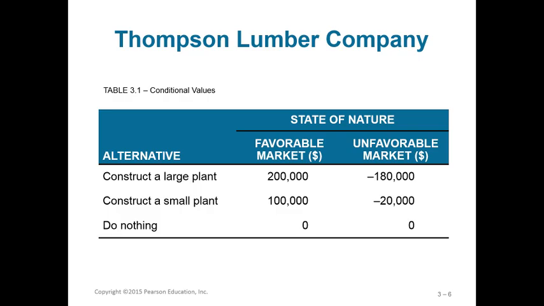They might see, well, not necessarily lose money, but they might see their profits drop, just like they would have anyway. But under an unfavorable market, they would see not only that drop, but an extra $180,000 less if they construct the big plant, and an extra $20,000 less if they construct a small plant.